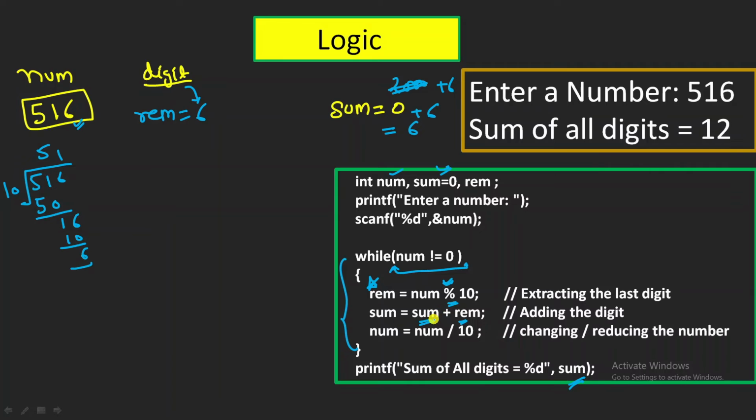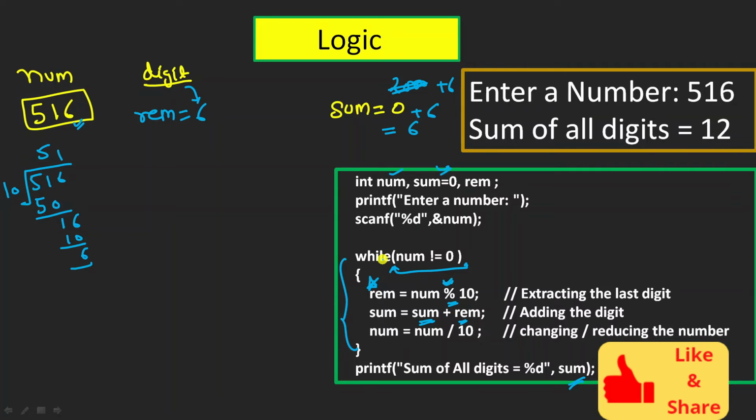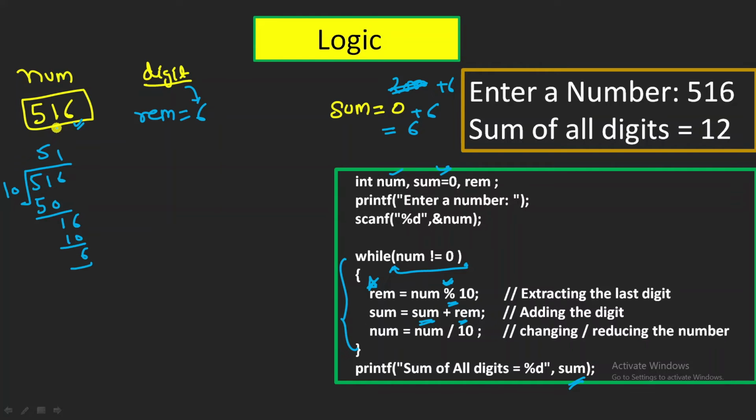Correct? Now before going to the next iteration, you have to update this number, so that in the next step, if you take out the last digit, it should come out as 1. But how can it come as 1? For this you have to remove this 6. So you do this operation, number divided by 10, and take the quotient.